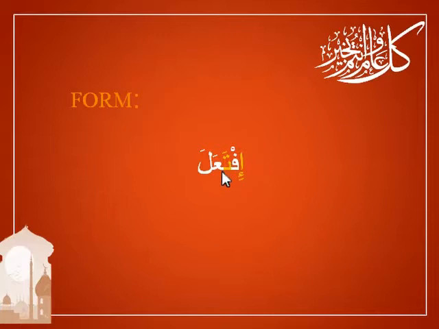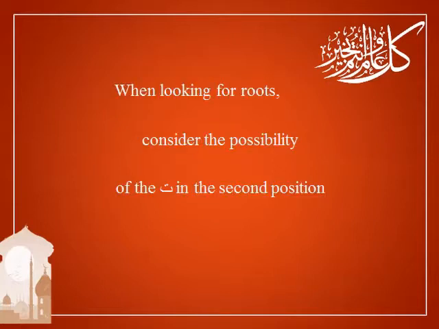Well, this is exactly what we're referring to, this case here, measure 8. And so, the first rule of thumb here is when you are looking for roots, just in words in general, always consider the possibility of the ta in the second position. Meaning if you come down to 4 consonants, always consider that this is a possibility.